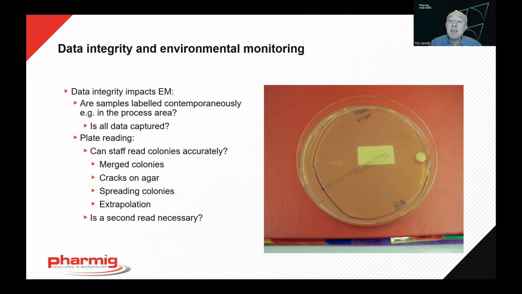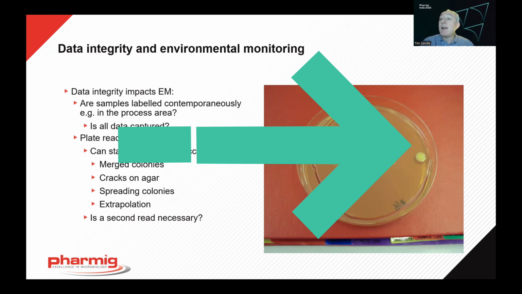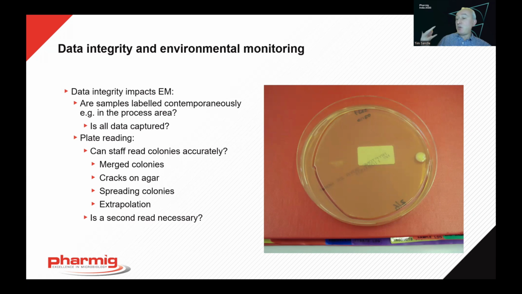Can they really see those tiny little colonies that sometimes can be on the edge of the agar? And also, we don't want things like a cracked agar plate, which has come about by that issue of dehydration under grade A. That would be a data integrity violation because there might be missing data.